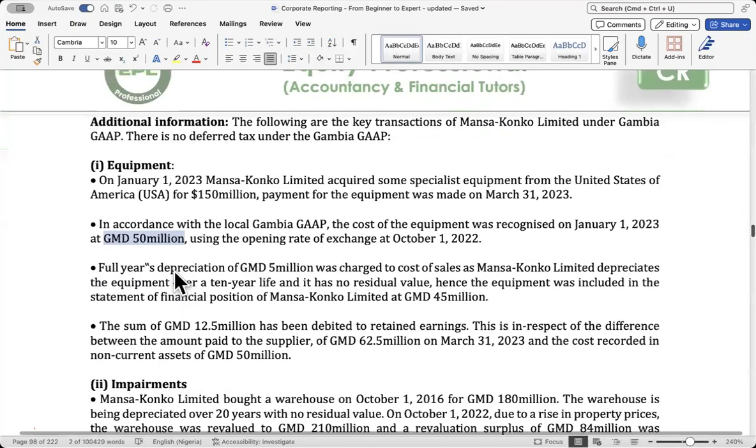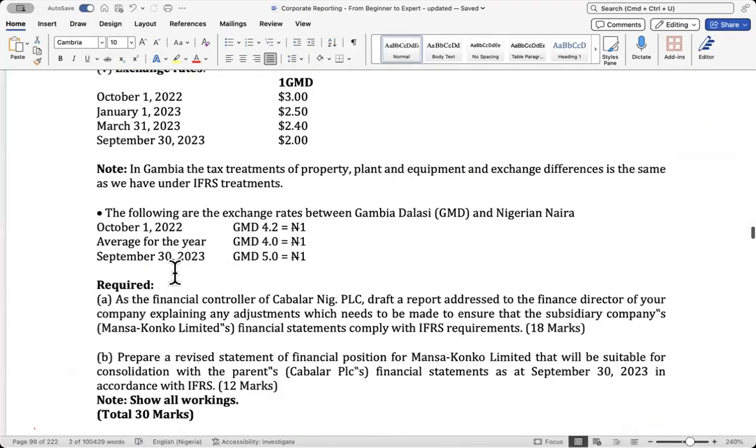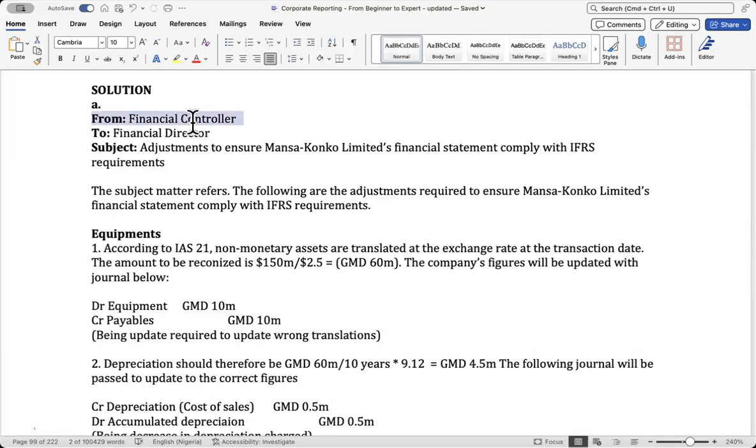If you look at the way I presented my solution, I did it in a report format from the financial controller to the financial director. Subject: adjustments to ensure Mansa Konko Limited financial statements comply with IFRS requirements. You can also put the dates. The following are the adjustments required.